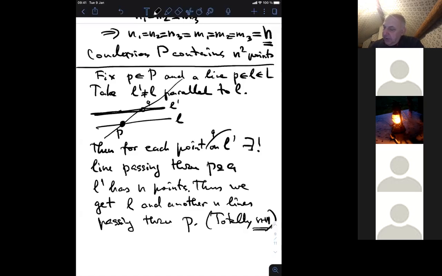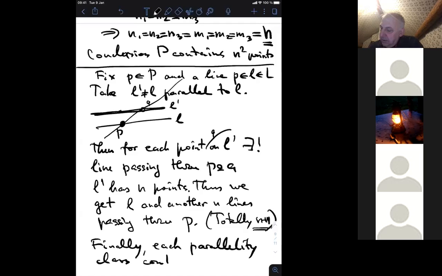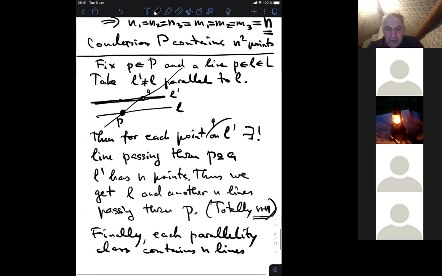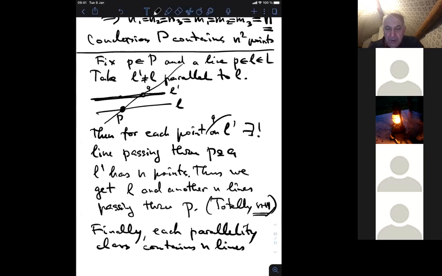Each parallelity class contains n lines, and there are n plus 1 parallelity classes.